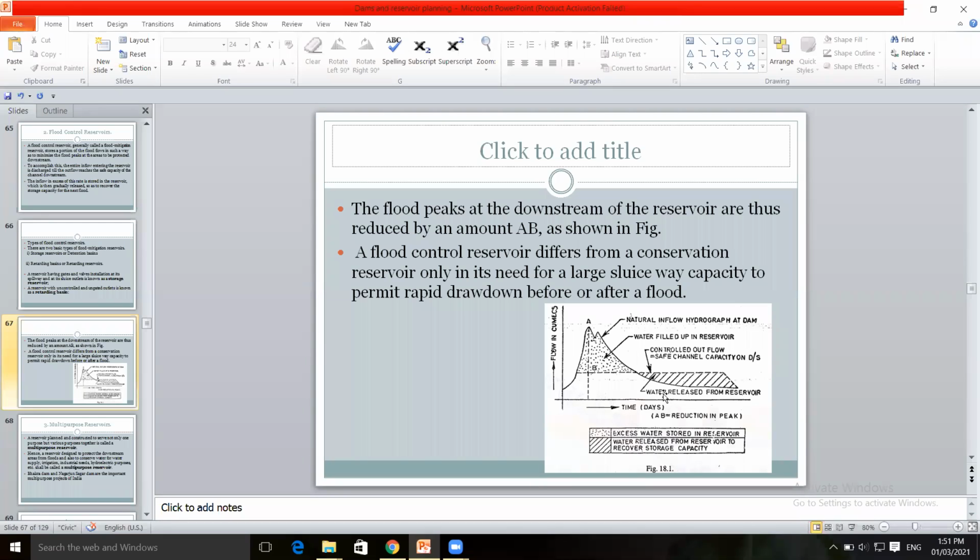It may be done for 10 days, 15 days, 20 days, or for 1 month, depending upon the level of the flood in the reservoir. That inflow of water is released as the water rises in the dam structure in the reservoir. That inflow is released to downstream, safe channel capacity on downstream side.